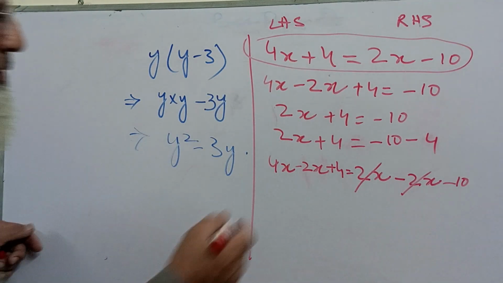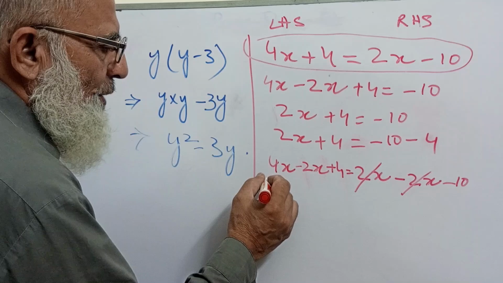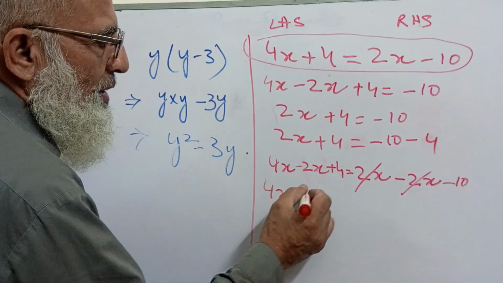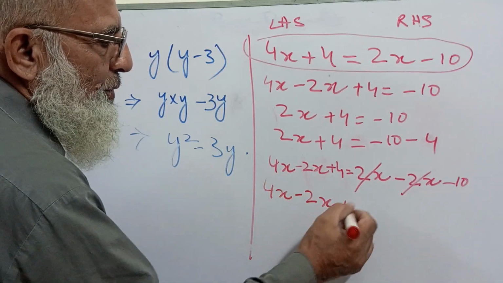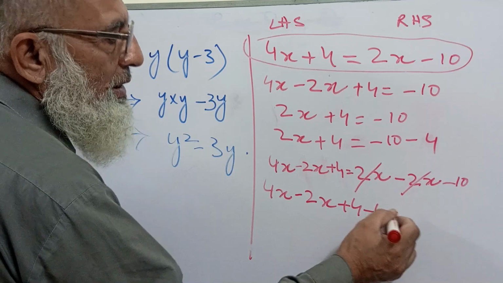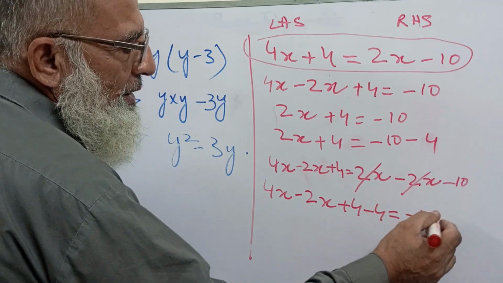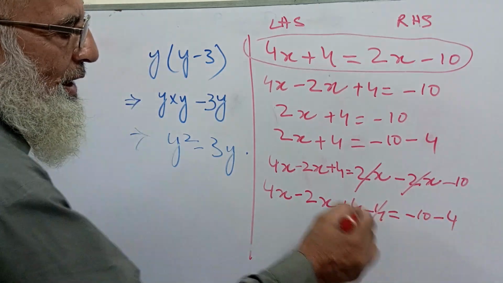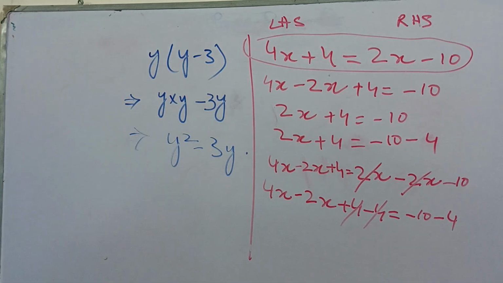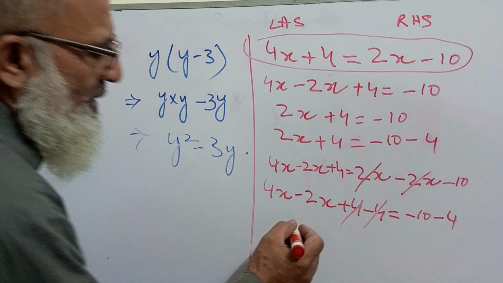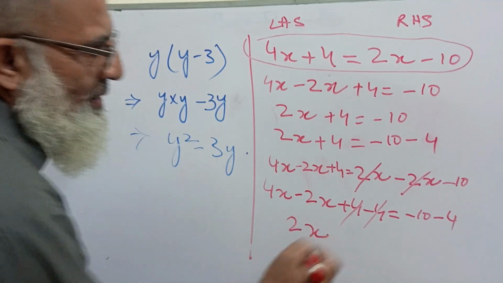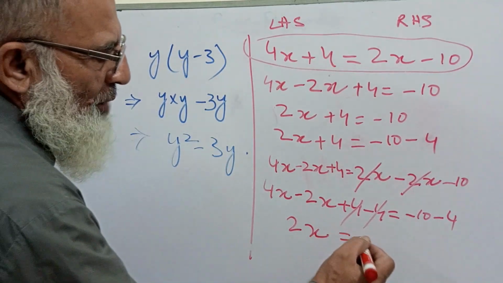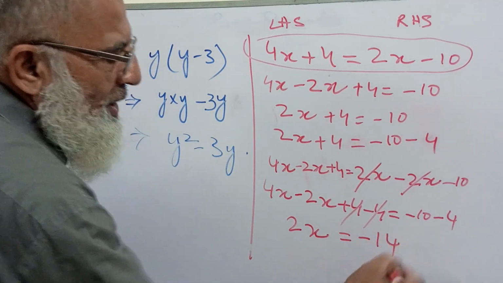Similarly for 4 we will do the same process: 2x plus 4 minus 4 is equal to minus 10 minus 4. Now again you see the constants are eliminated from here, and what is left is 2x is equal to minus 14. Yes, minus 14.